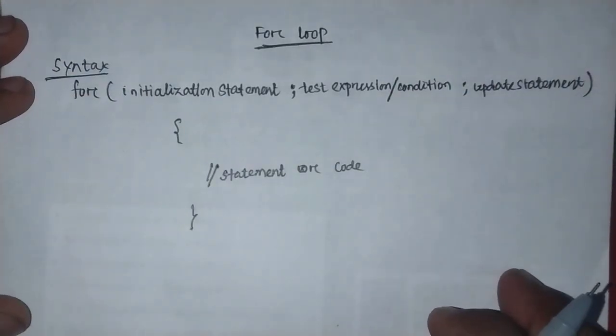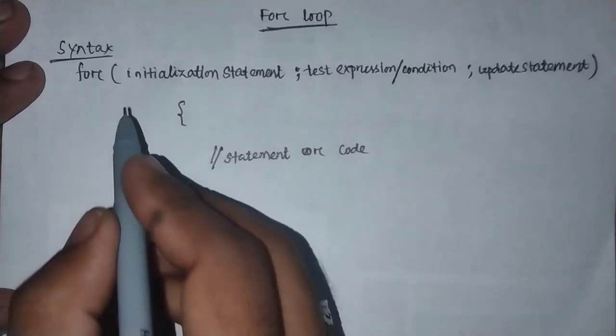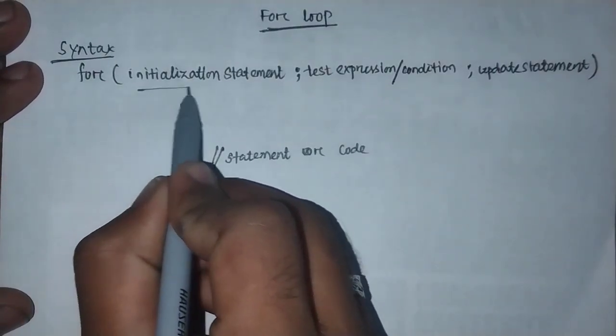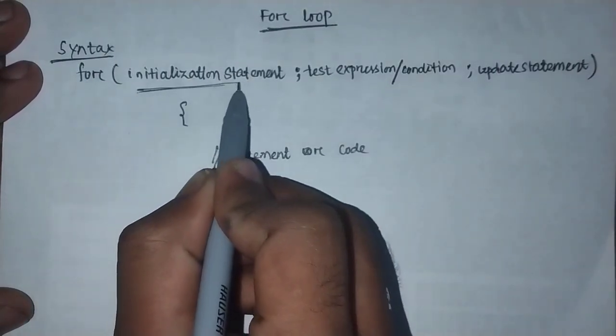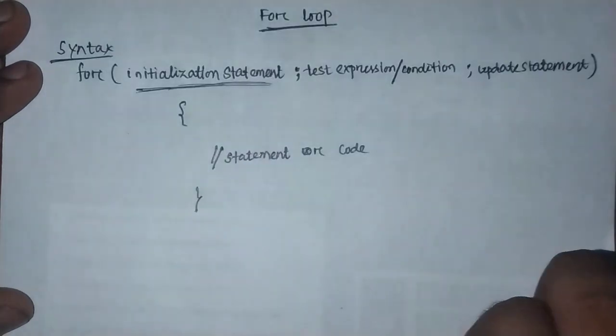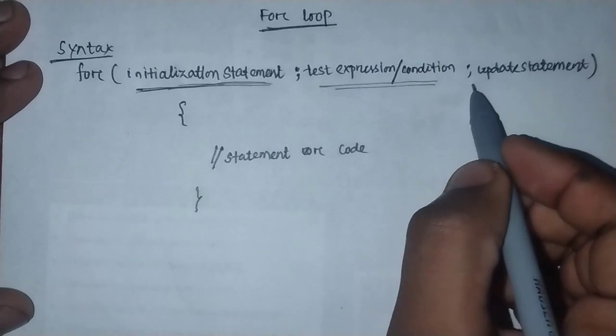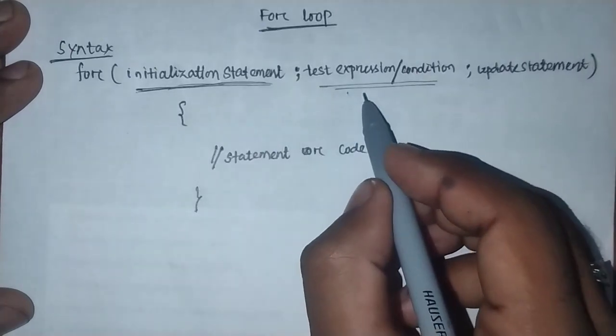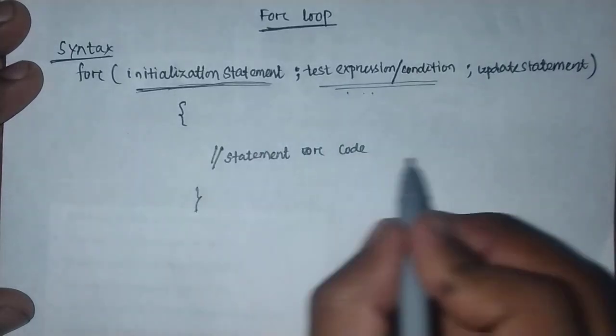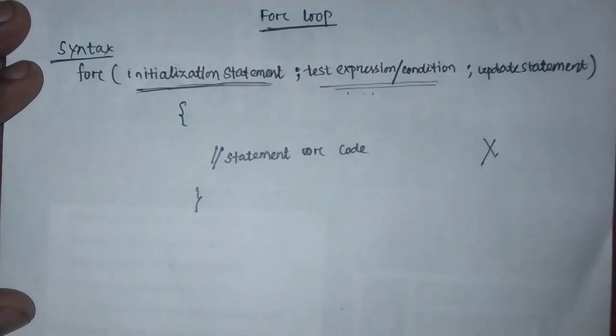How the for loop works: the initialization statement is executed only once. Then the test expression is evaluated. If the test expression is evaluated to false, the for loop is terminated.